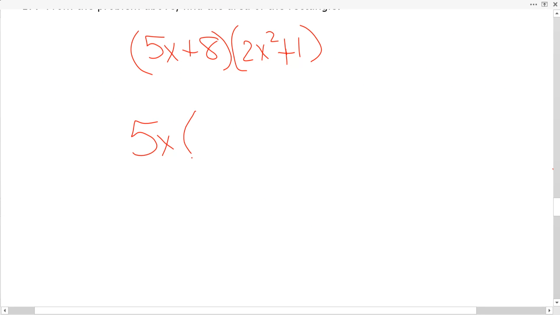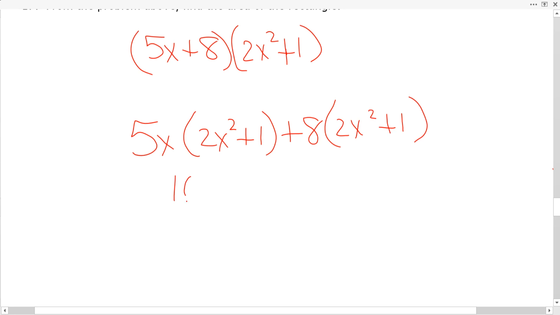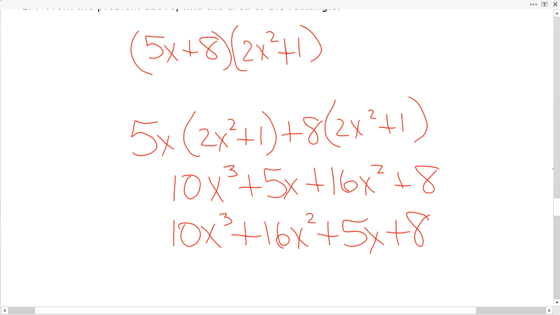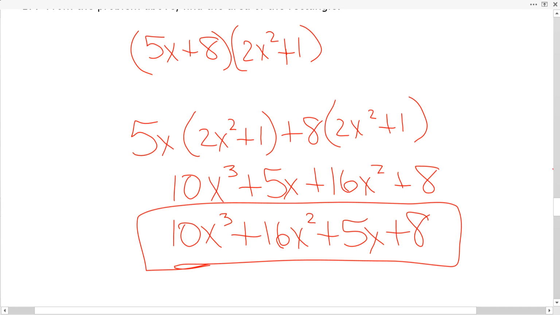I have 5x times 2x squared plus 1 plus 8 times 2x squared plus 1. So I end up with 10x to the third plus 5x plus 16x squared plus 8. I'm going to rearrange it into descending order: 10x cubed plus 16x squared plus 5x plus 8. That would be the area of that rectangle.